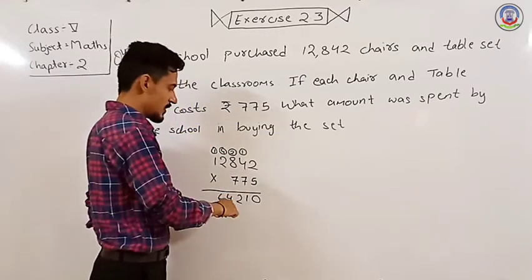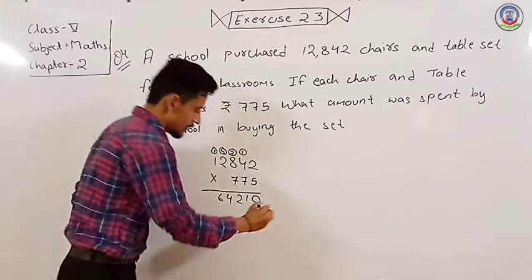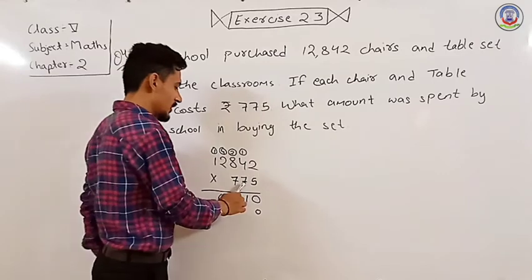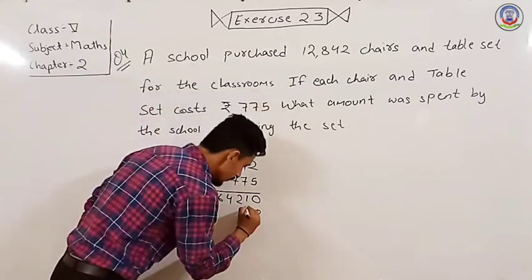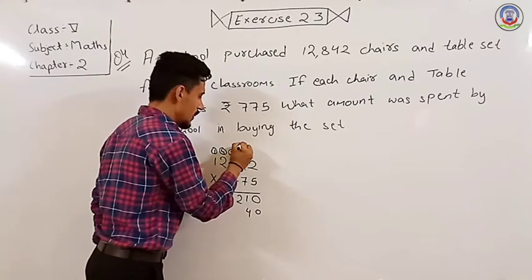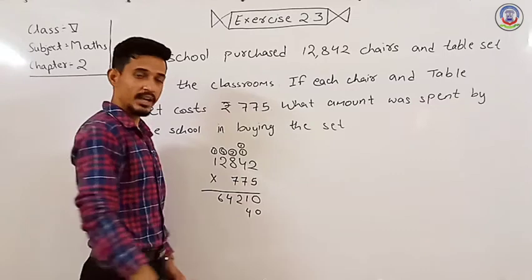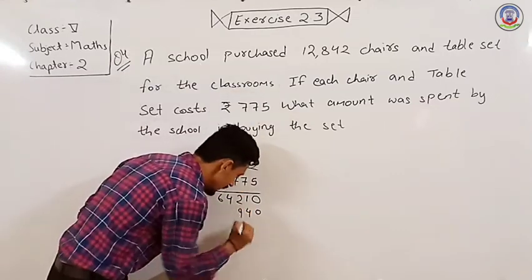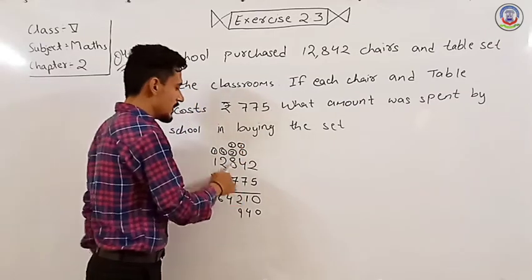Now next number, this is 7 and it is in tens place. So we put 0 over here, and now we start multiplication. 7 multiply 2, 14. So 4 here and 1 here. 7 multiply 4, 28. And when we add 1 to it, it is 29. So 9 here and 2 here. Next we have 7 multiply 8.